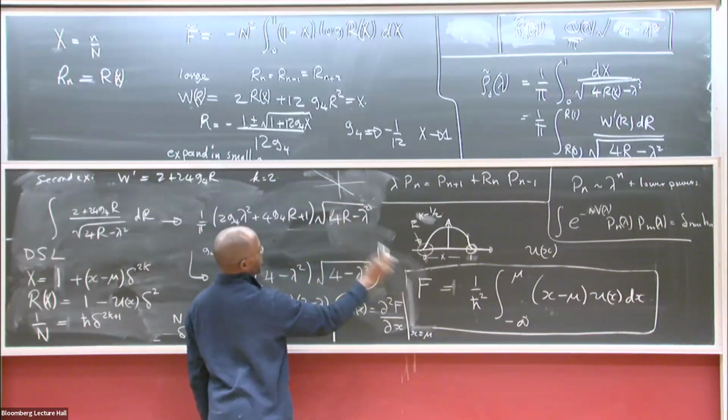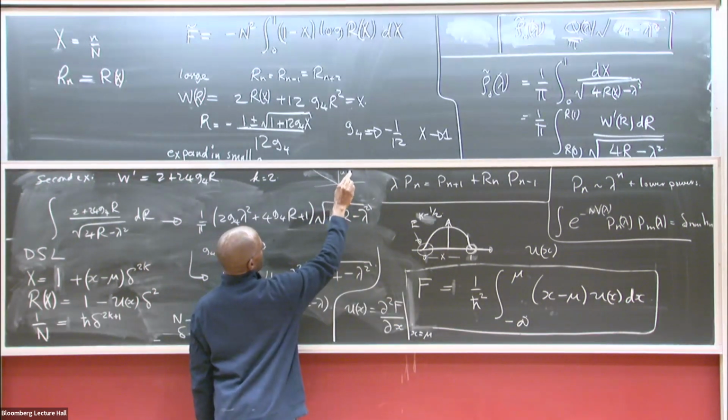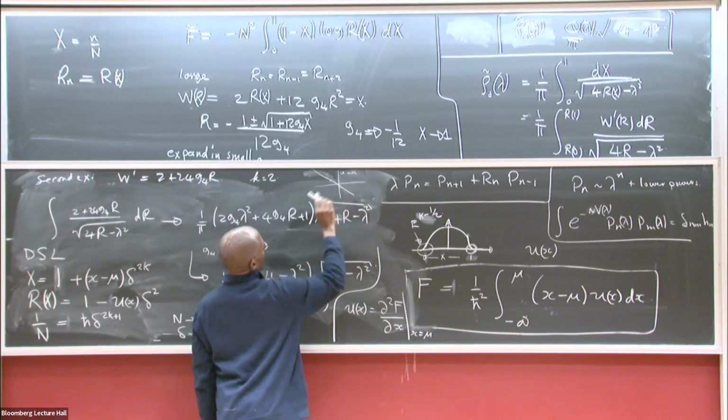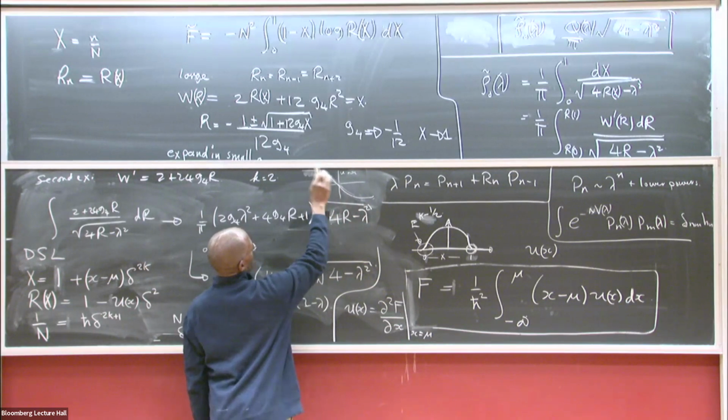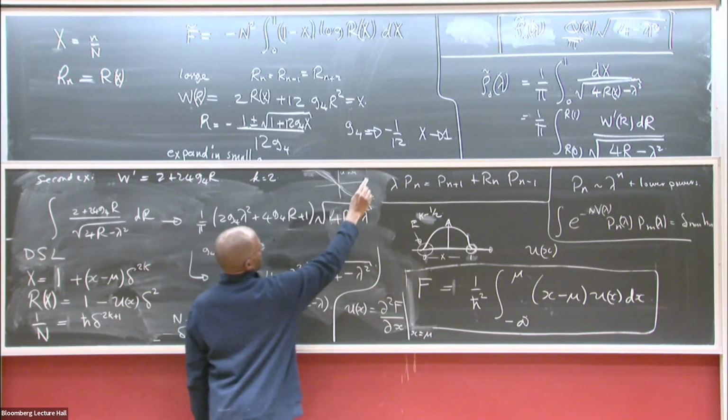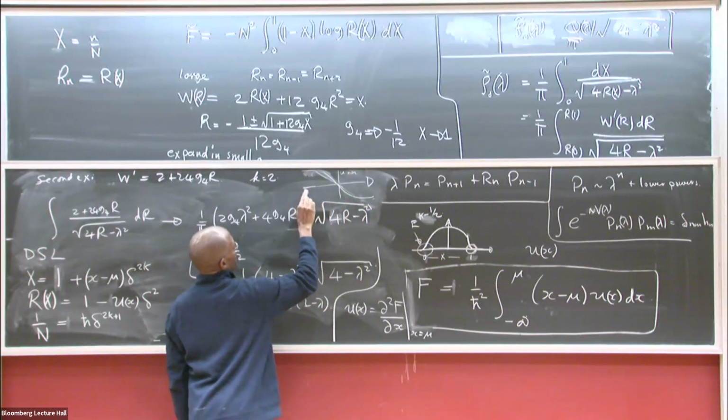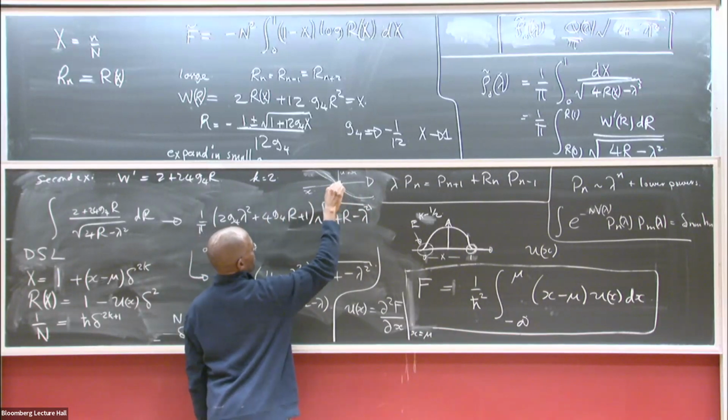I'm going to get to this in a moment. For K equals 1, u is just minus x. And K odd just looks like that. Let me say this a little bit more carefully. This is x, going from minus infinity to some mu.